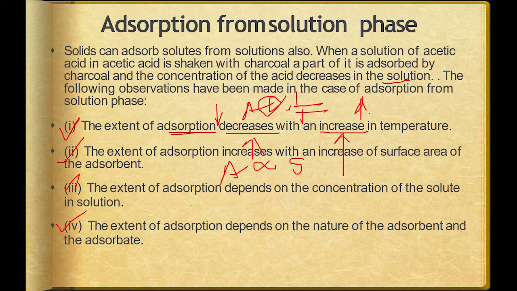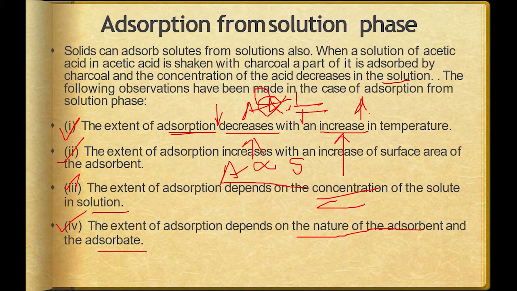The extent of adsorption depends on the concentration of solute in the solution. Whose concentration? The solute's concentration. The extent of adsorption depends on the nature of adsorbent and the adsorbate. So what are the things we need to keep in mind? In the solution phase, adsorption decreases with increase in temperature, that means adsorption is inversely proportional to temperature, and adsorption increases with increase in surface area, that means adsorption is directly proportional to surface area.